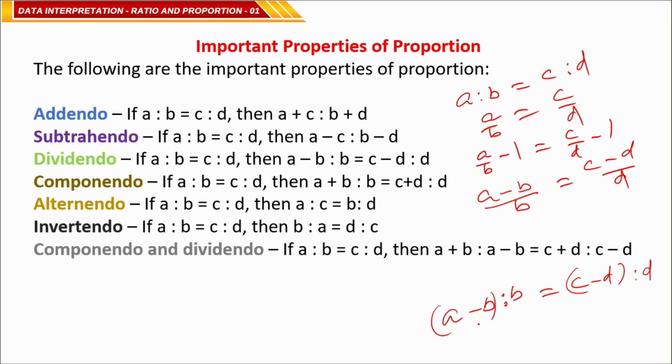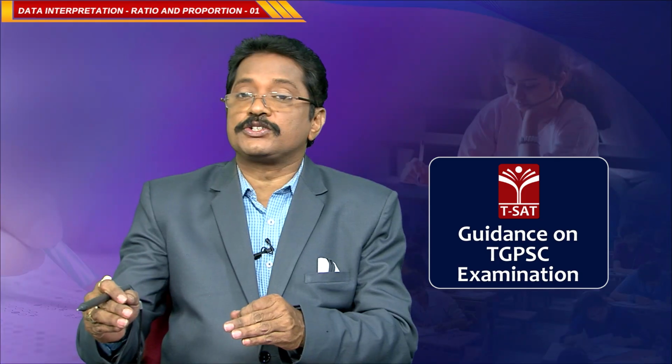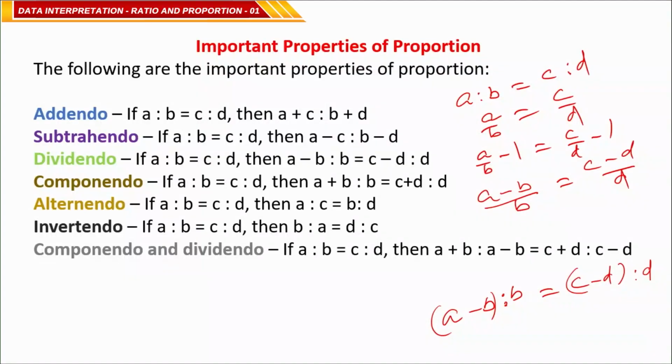This is called dividendo. It means subtract 1 from both the ratios. When A is to B is equal to C is to D, subtract 1 from it, then A minus B is to B is equal to C minus D is to D. That is dividendo.